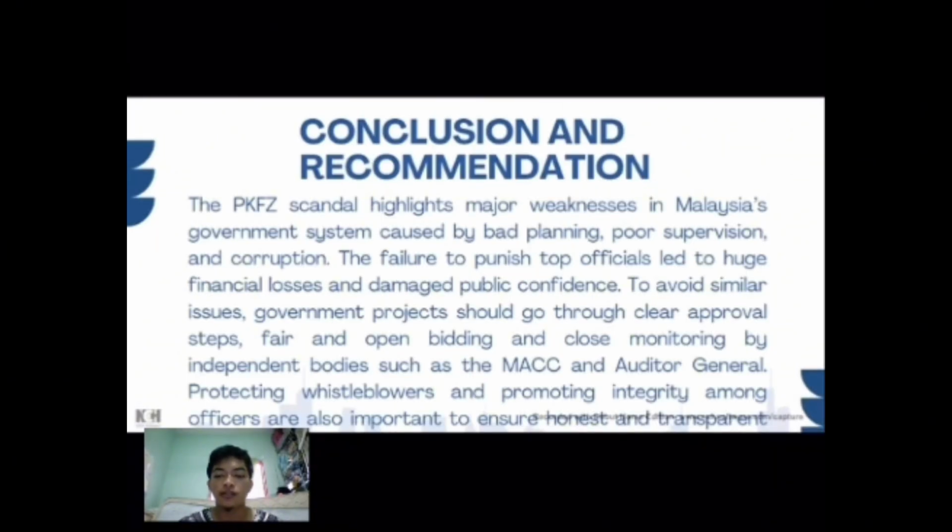To avoid similar issues, government projects should go through clear approval steps, fair and open bidding, and close monitoring by independent bodies such as the MACC and the Auditor General. Protecting whistleblowers and promoting integrity among officers are also important to ensure honest and transparent governance.